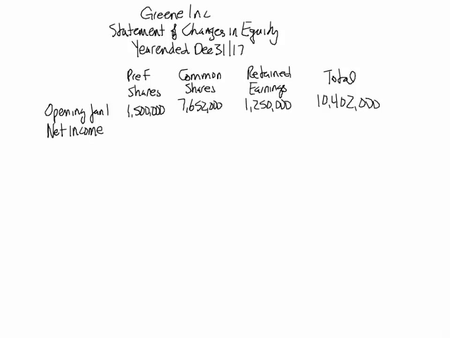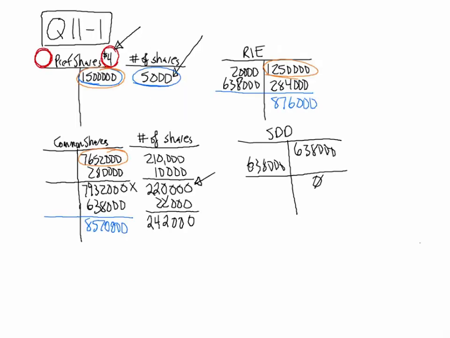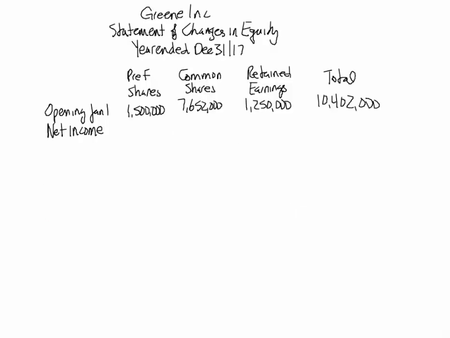Now, look at this. This is a perfect tie-in, right? Where did net income go? Well, it went under retained earnings under credit. So I know it's going to increase retained earnings, 284,000. So I go back here and I put down 284,000 right here, and I put 284,000 on the total. By having it in the T account for retained earnings, I know it has to go in the column for retained earnings.